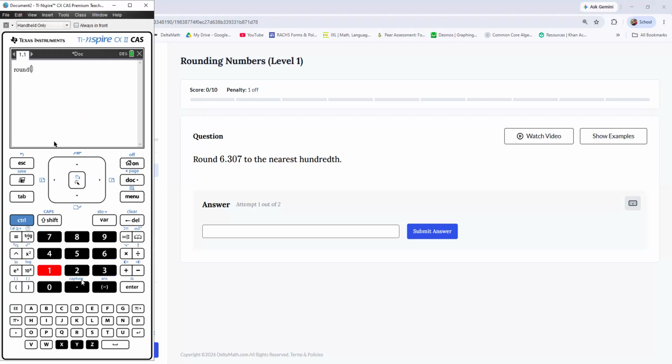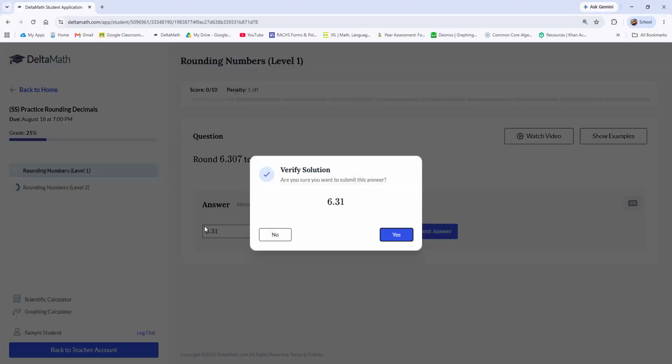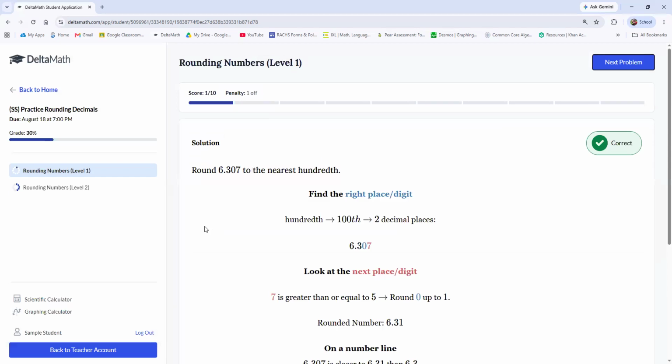We type in the number 6.307, and we put a comma, and since it has 2 decimal places, we put a 2, and that would be our answer, 6.31. All right, we press enter. It says, nice job. All right, let's keep it moving.